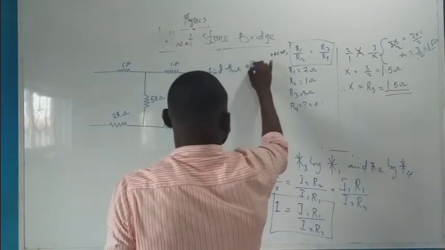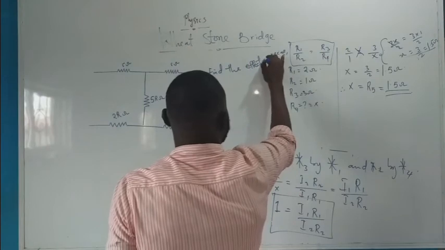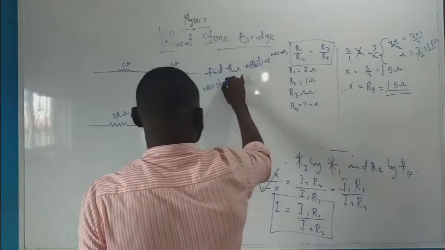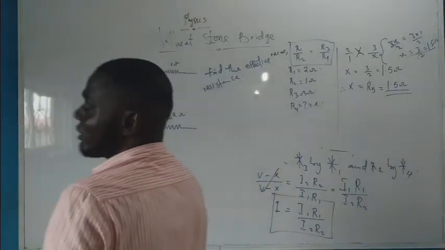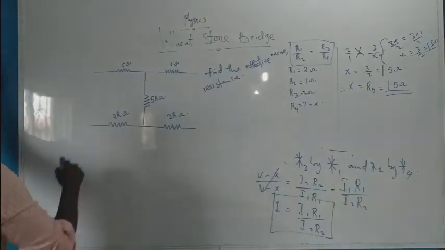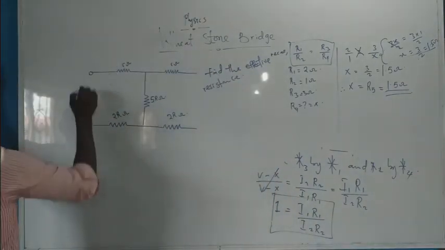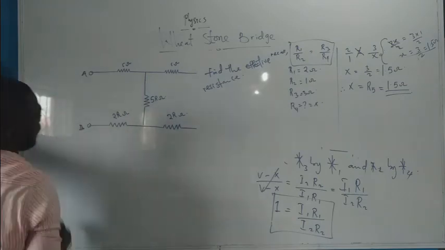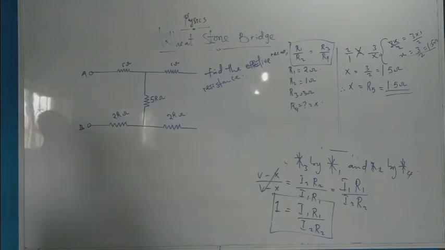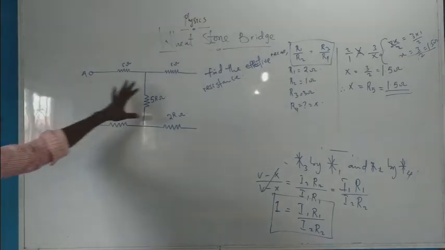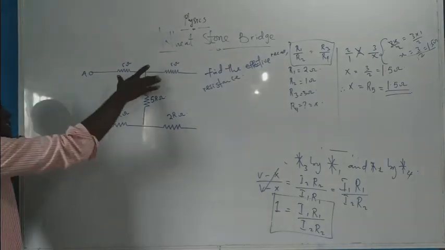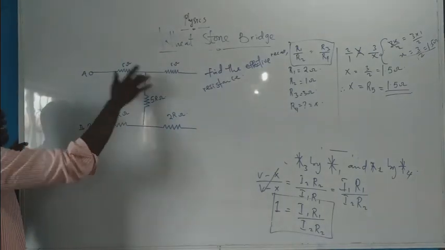The effective resistance. Find the effective resistance in a circuit. Find the effective resistance between A and B. Looking at these circuits, can we say this is balanced?